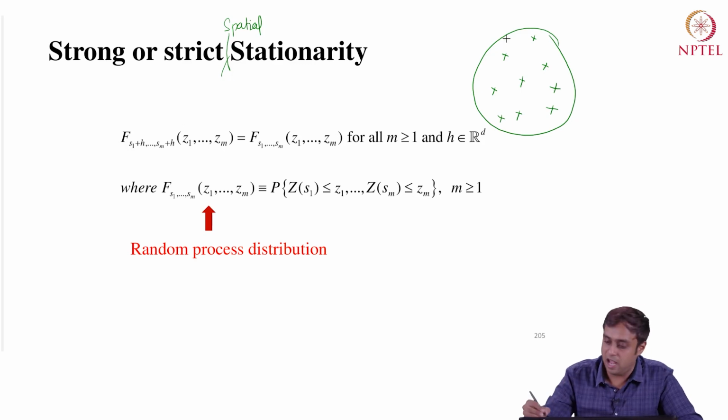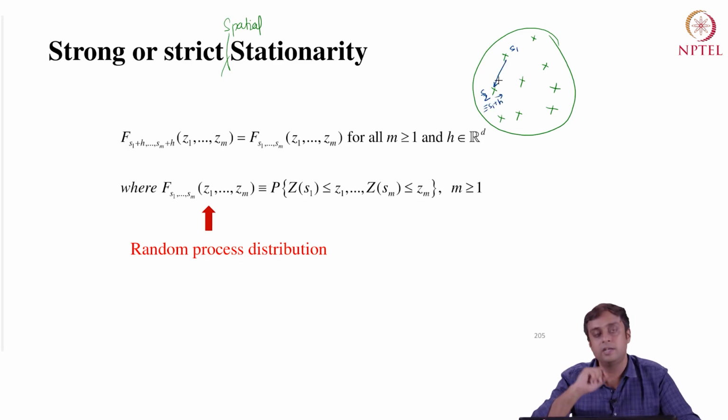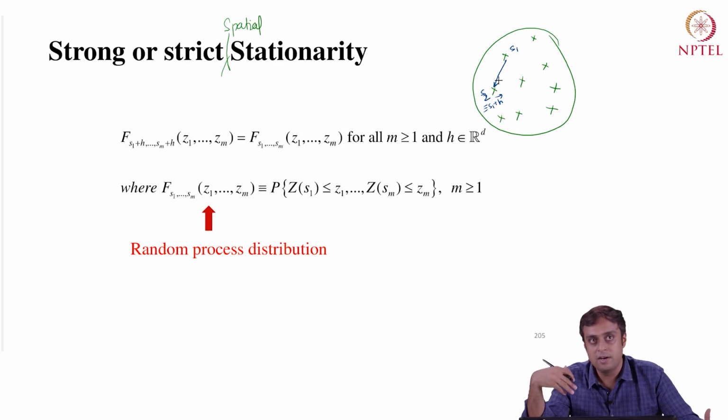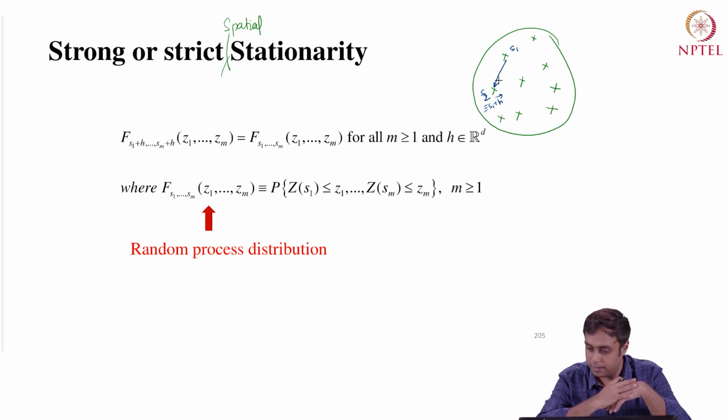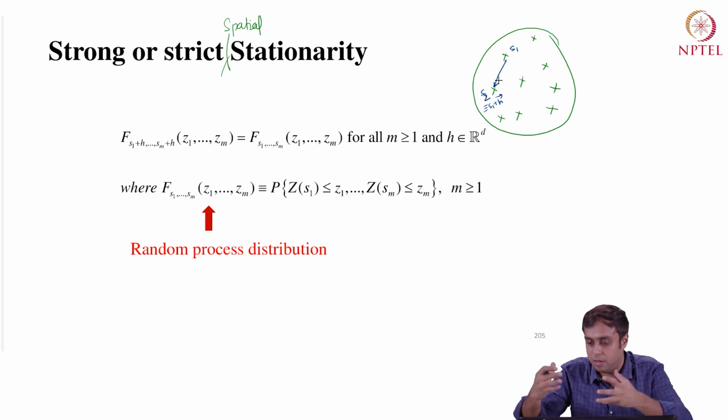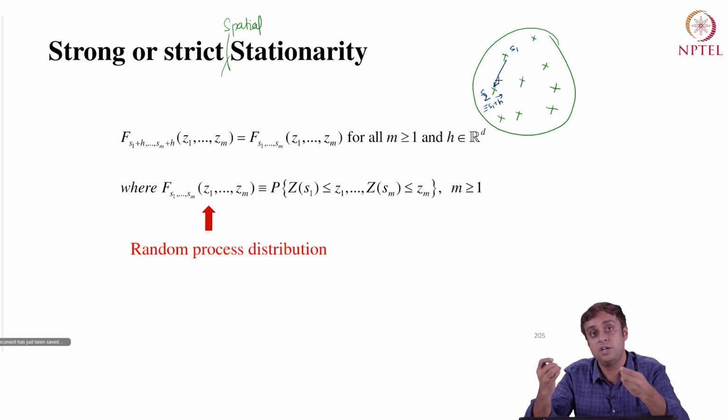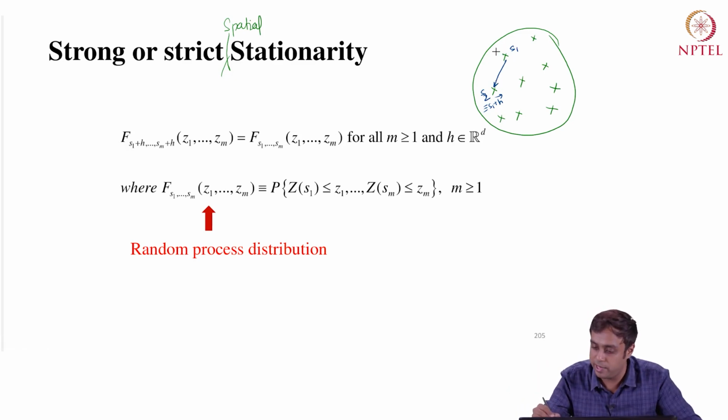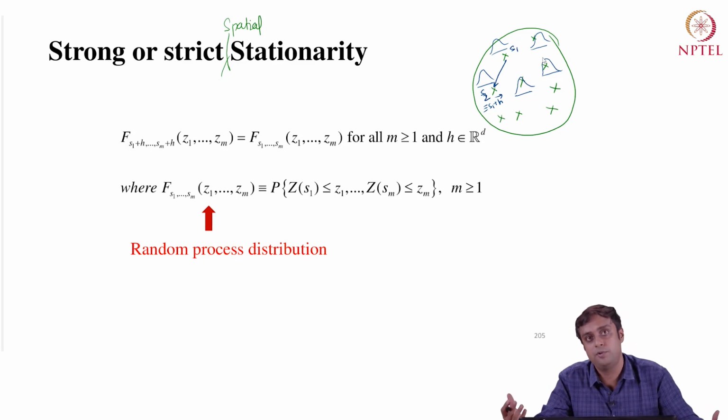So, you have data at location S1, and data at location S2, where S2 is nothing but S1 plus H. The marginal distributions at each location are connected spatially, so all of the data in this domain are jointly distributed.